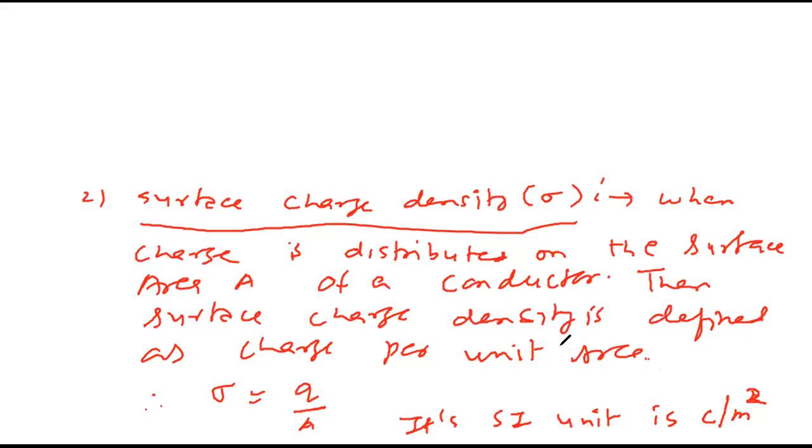Yes, finish. Yes, sir. Okay, so that means this time charge is on the surface like this.